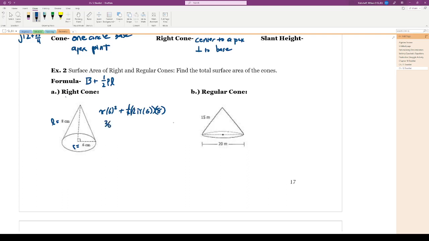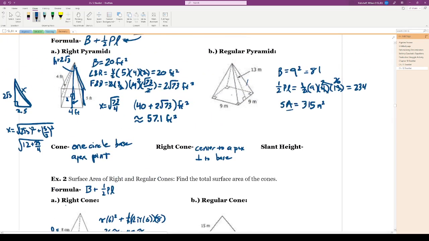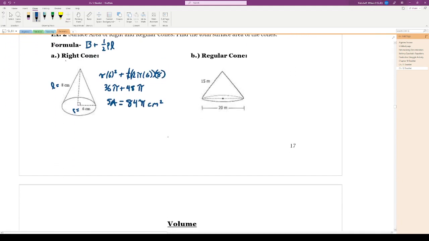So we get 36 pi is the circle, plus the outer cone part is 48 pi. So our total surface area is going to be 84 pi square centimeters. So pretty easy, just like the regular pyramids are. And again, that's mostly what you can expect to see. This was just a more complex example we went through.